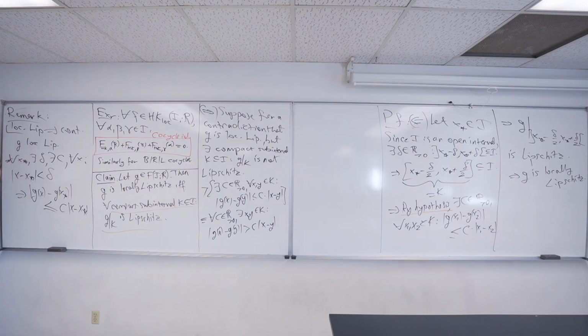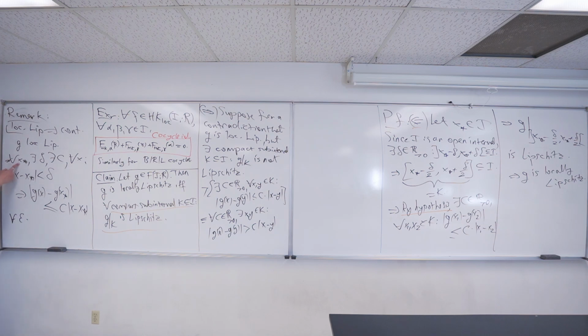Well, if that is the case, for any epsilon, I can choose delta. So this is what I want to be upper bounded by epsilon.